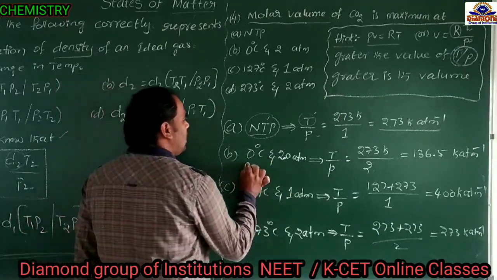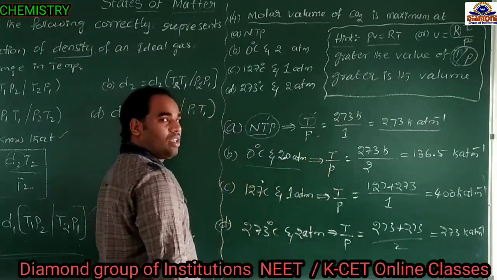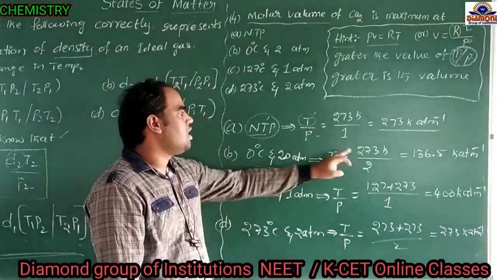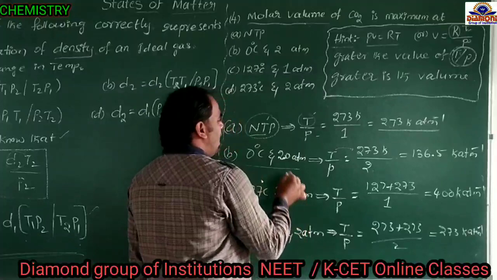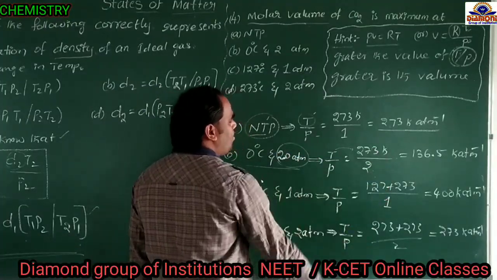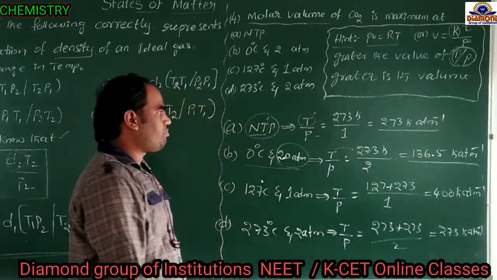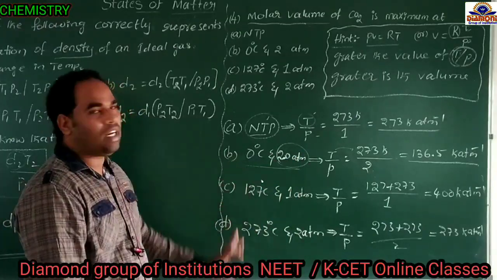At this condition T by P value: here Celsius is converted into Kelvin. Therefore 0 degrees plus 273, so temperature is 273 Kelvin and pressure is 2.0. Therefore 273 by 2 is nothing but 136.5 Kelvin atmosphere inverse. So that is the T by P value at B condition.